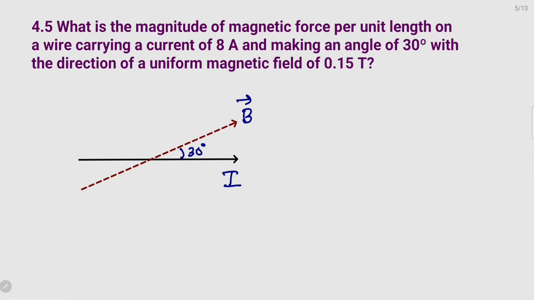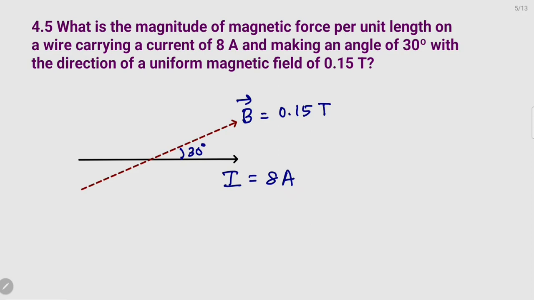Moving on to problem number 5. We have to find the magnetic force per unit length of a current carrying wire, which is carrying a current of 8 ampere and making an angle of 30 degrees to the magnetic field, and the magnetic field value is also given, 0.15 Tesla.